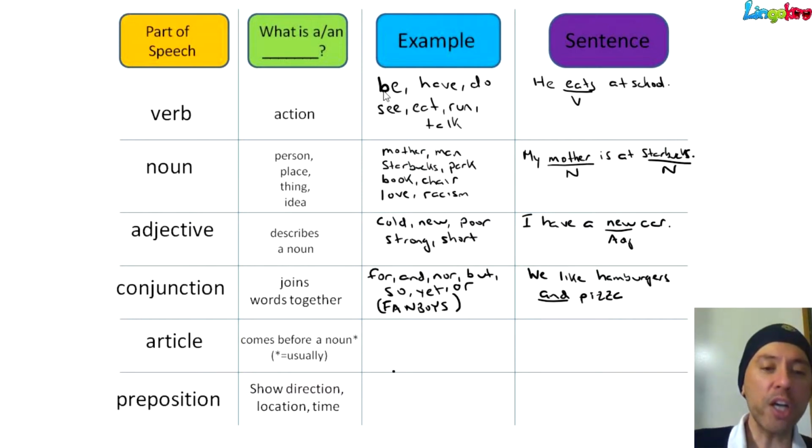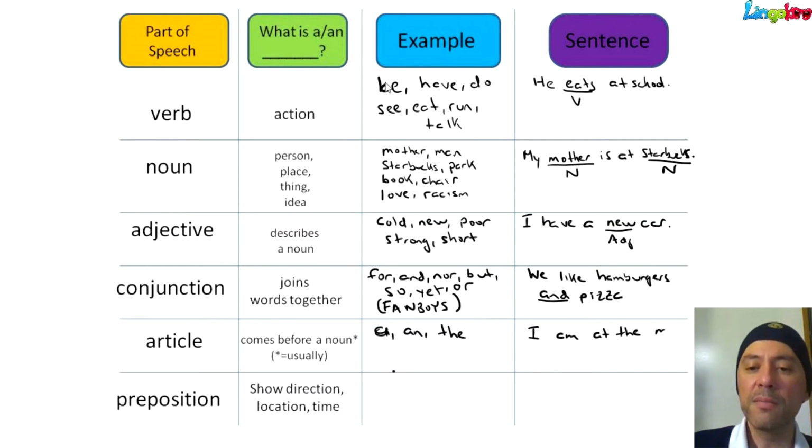Article. So an article comes before a noun. Usually we will have an article before a noun. Not always, but usually. And so examples of articles are a, an, and the. So using that in a sentence, I can say, I am at the mall. Okay. So here we have the article.